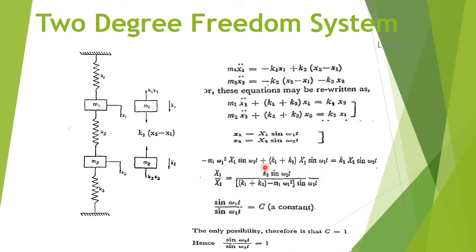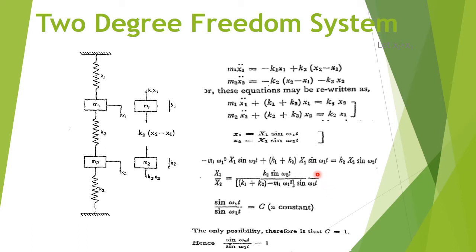Therefore the ratio of x1 and x2 will be equal to k2 sin omega 2t divided by [(k1 plus k2) minus m1 omega 1 square] multiplied by sin omega 1t.